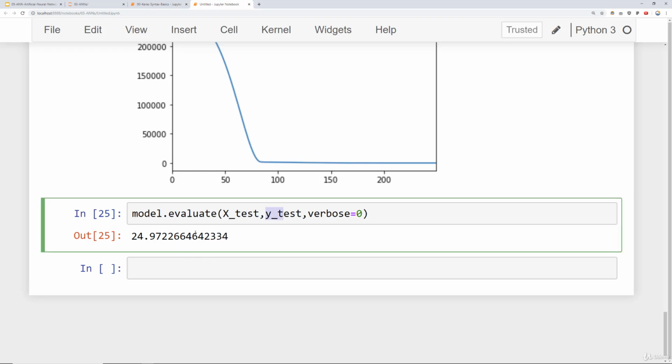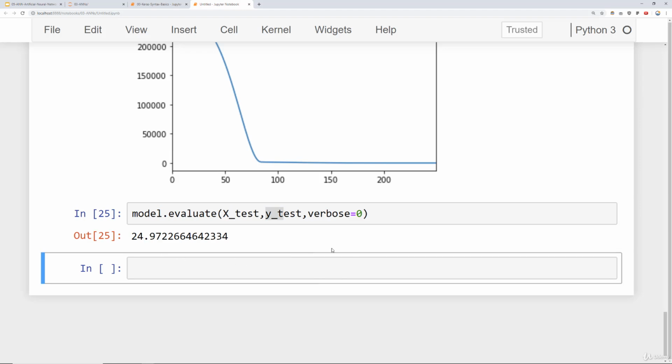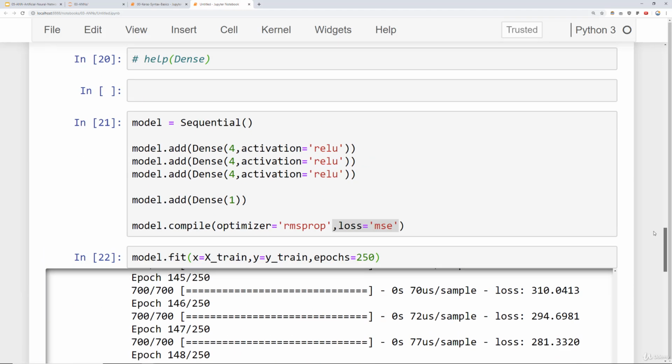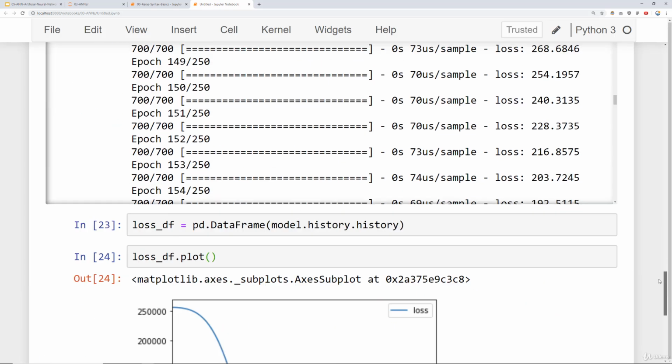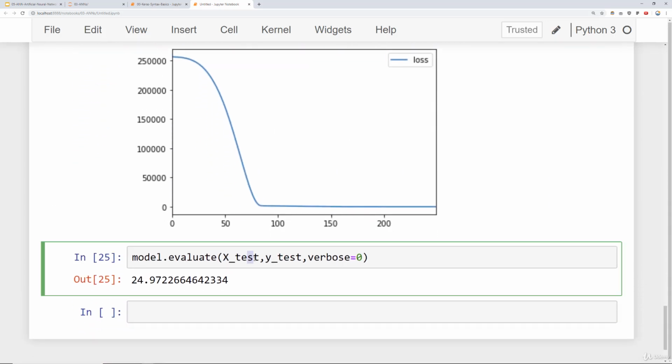What this number represents is the metric loss that you decided on, and if we take a look back at our model, in our case, that's mean squared error. So on the test set, which is data it's never seen before, it's getting back a mean squared error of 24.97.